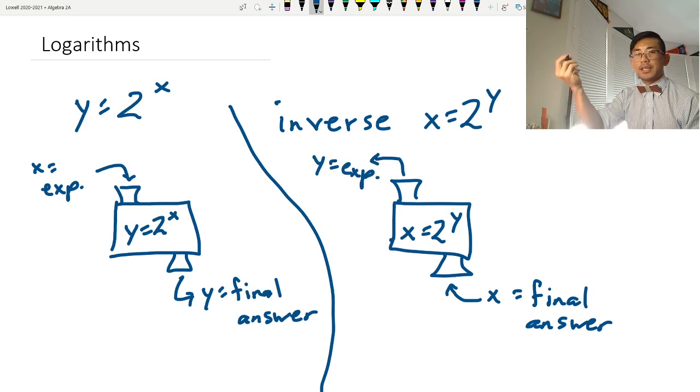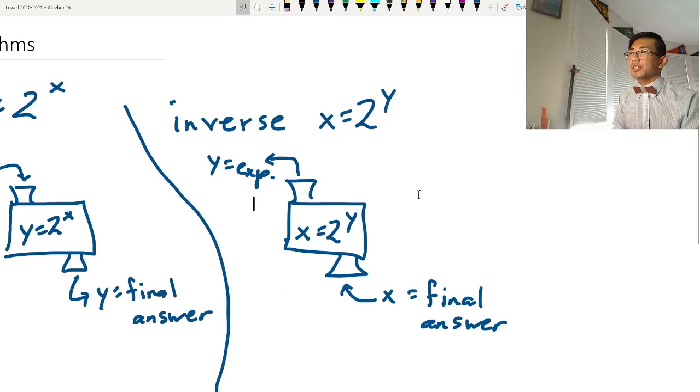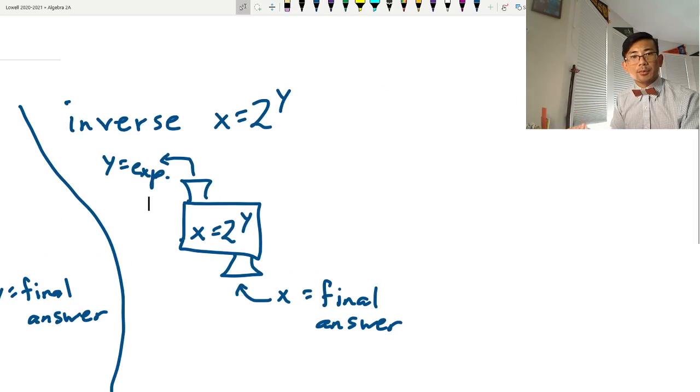The way we rewrite this equation to isolate y is because that's usually more preferable to us, just like how for the equation of a line we don't really like to use standard form as much. We usually like to use slope intercept, y equals mx plus b. So how do I turn this into an explicit equation, meaning just y equals something? We rewrite it using this thing called the logarithm.